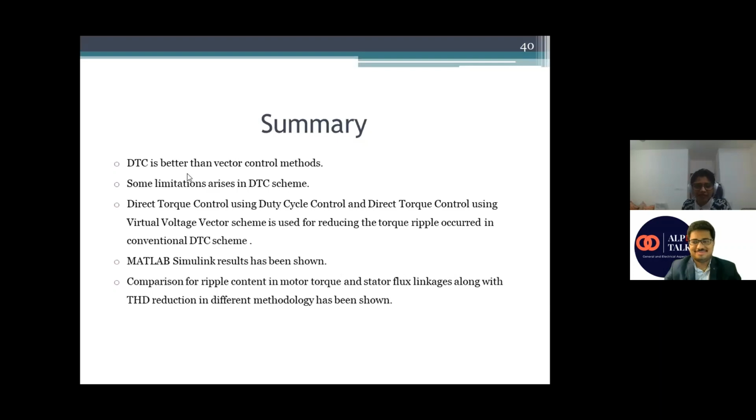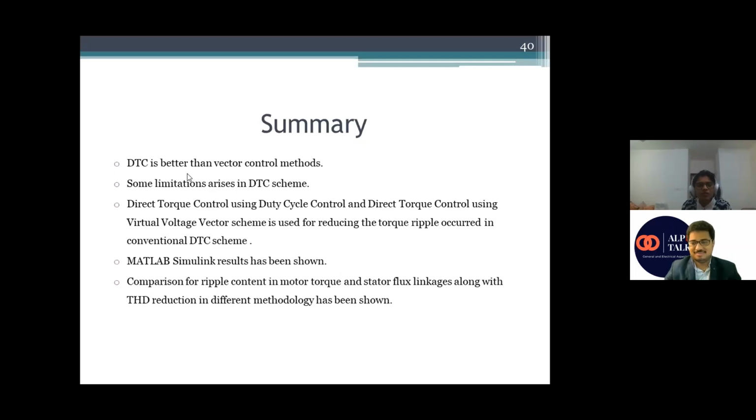So I just summarize that we have seen our classical DTC method and how AC motors are overcoming DC motors, and how it is better than the vector control method, as it does not require any coordinate transformation.